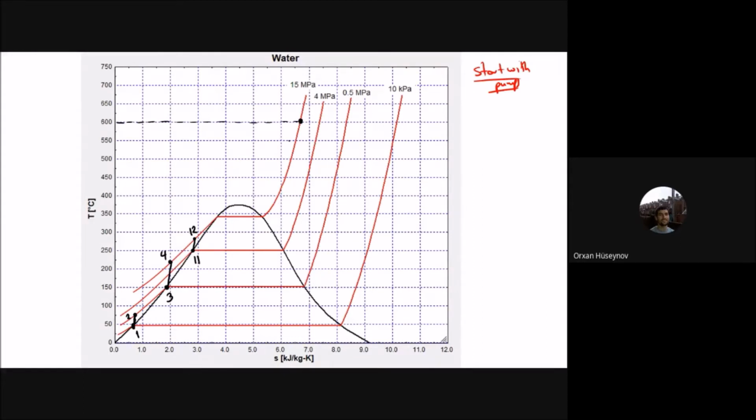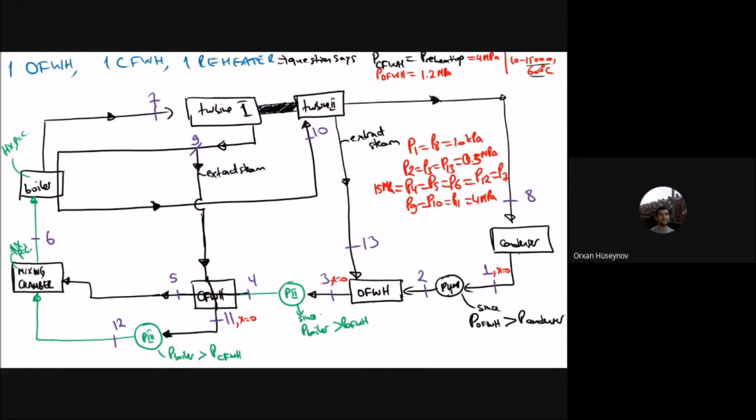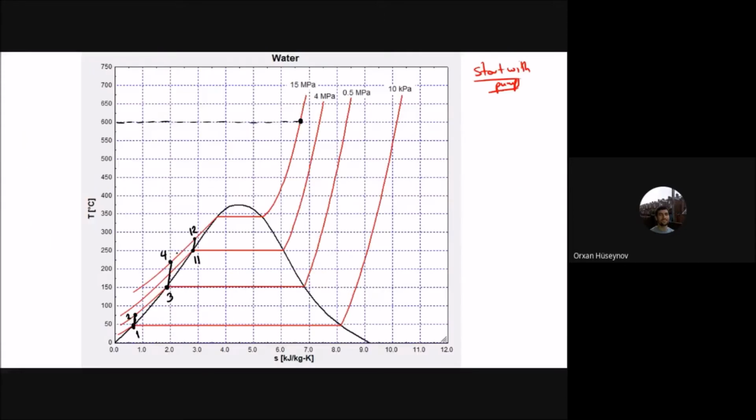Here you have the temperature of 600 degrees Celsius, and this part from where you have that from 4 and the 5, and then you have this, that 12 and the 6, all of them are at the same pressure. But anyway, so I will go from 4 to the point 7 here. I will go with the same pressure line here.